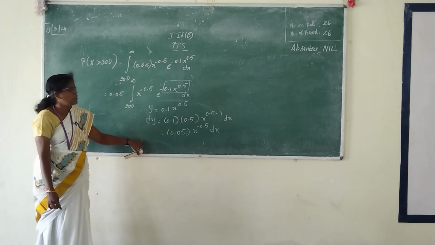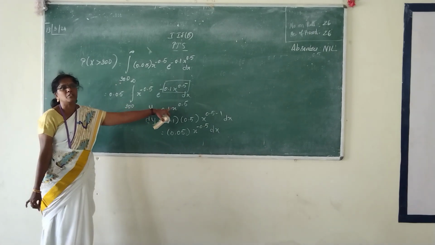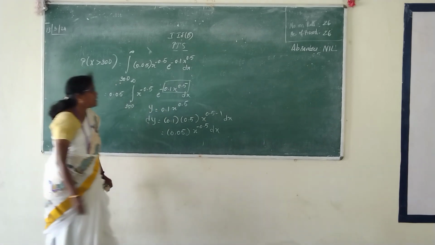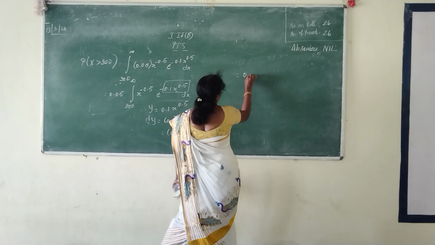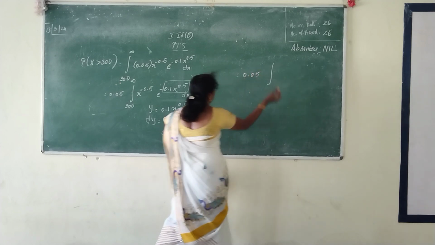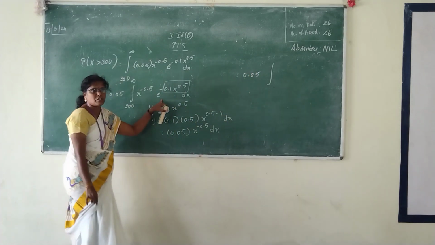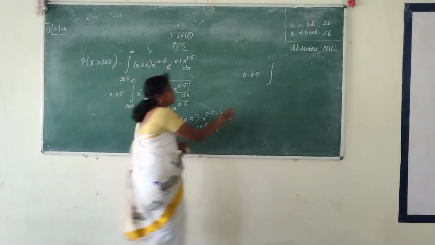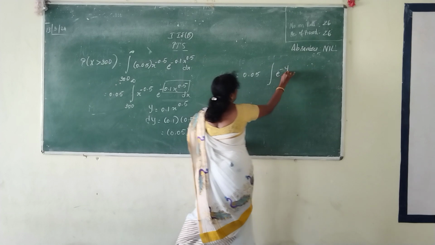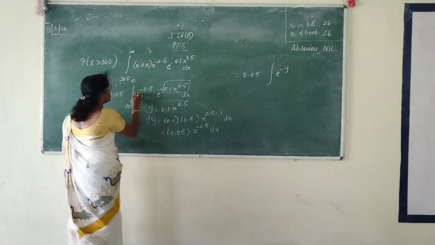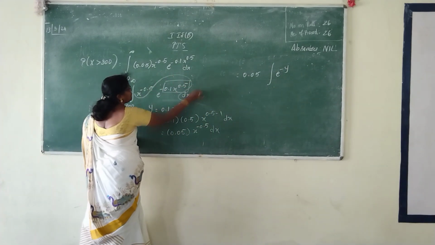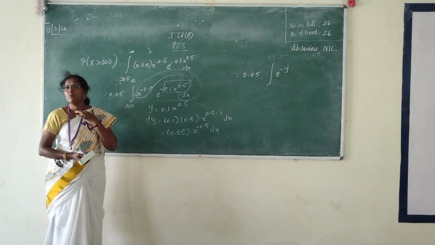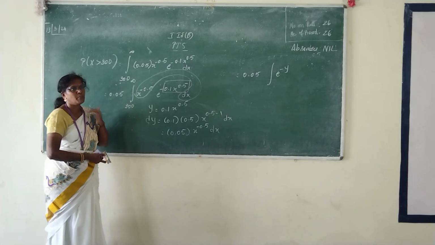Now what you have to do is replace everything in terms of the y variable. So how can you rewrite this one? 0.05 integral. So this is the one you have replaced, right? All these terms will become y, so e power minus y. Then you have two terms, x power minus 0.5 into dx. This should be replaced in terms of your y variable. Can you do it or not?